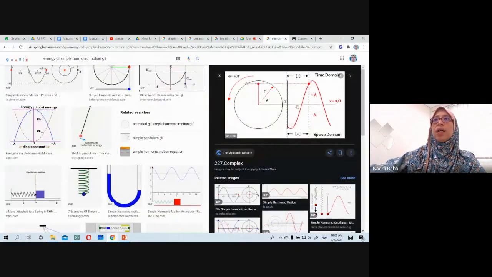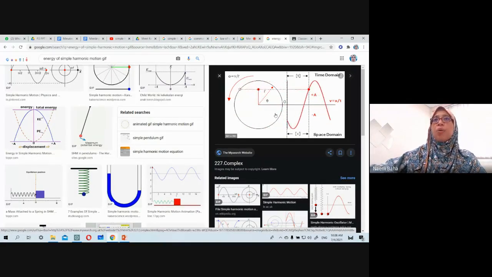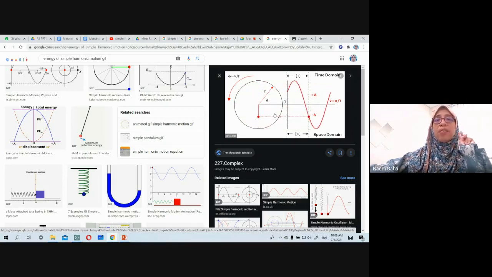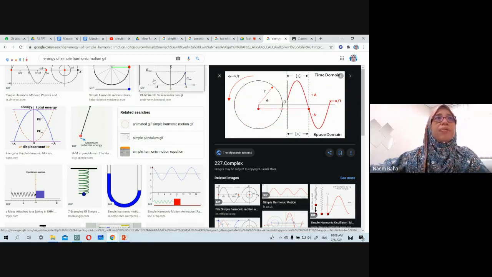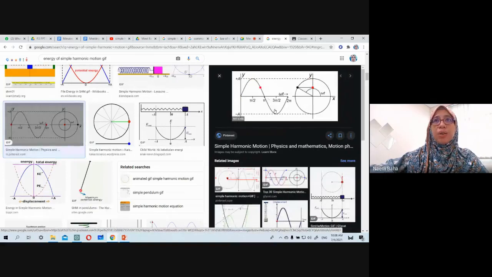So over time the position varies, and it mimics one cycle where 360 degrees, the angle covered, is 360 degrees, and a cycle consists of two small cups or one very large cup, for instance. This is one large cup, two small cups.